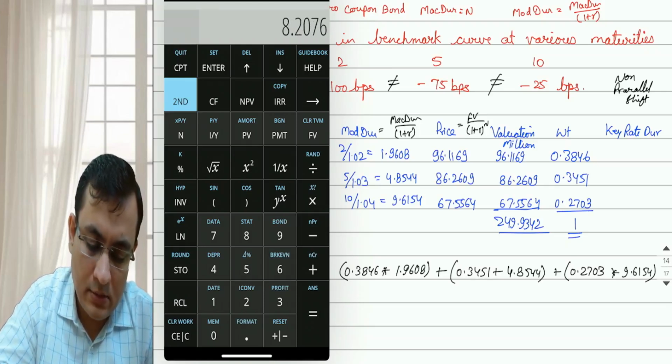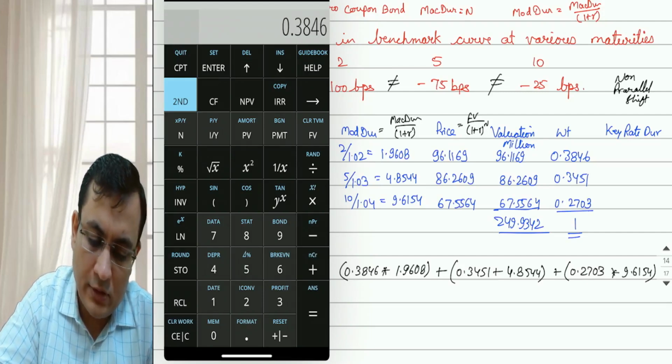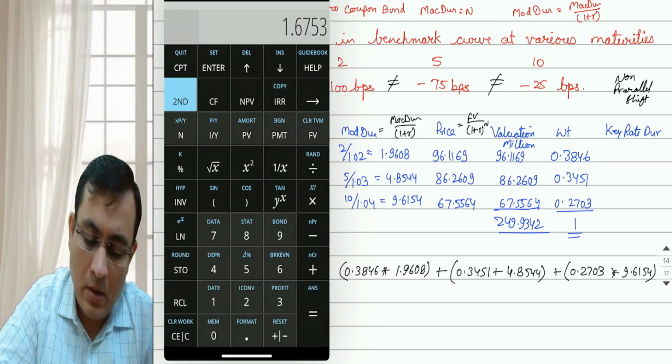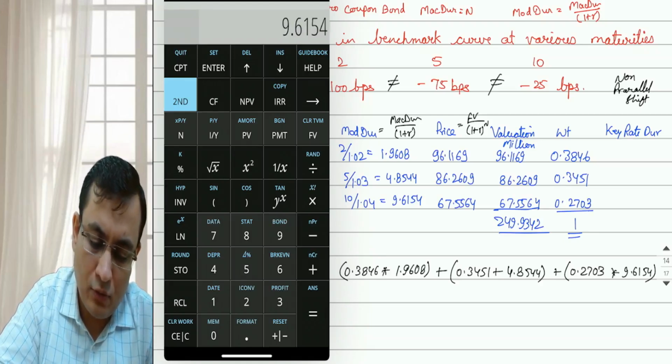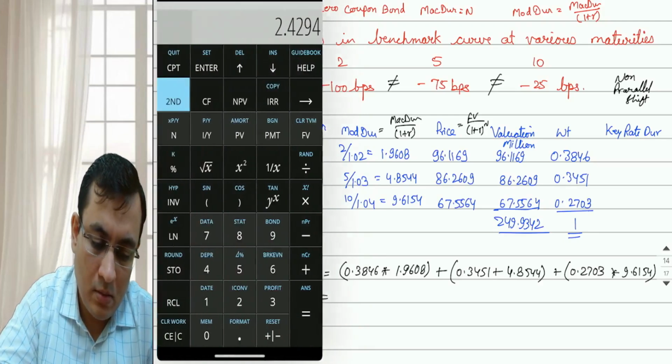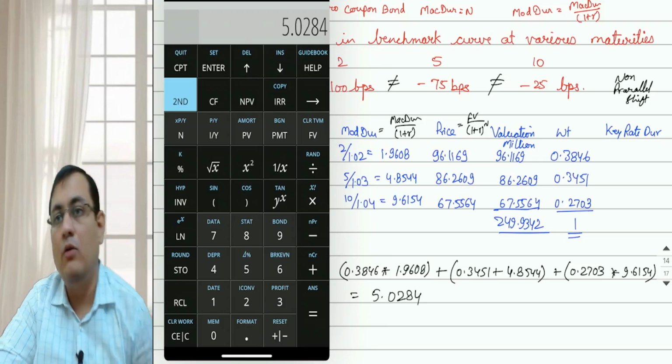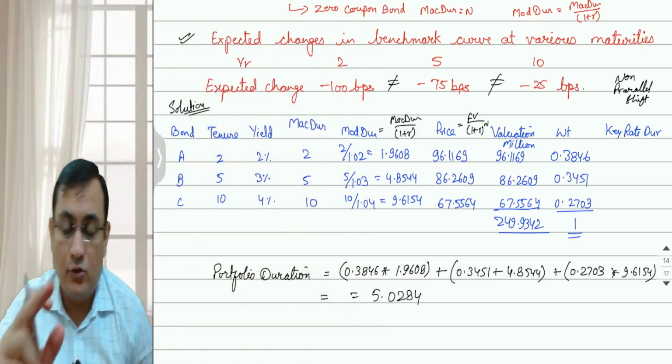Hold this, one mistake. 0.3846 multiplied by 1.9608, store 1, 0.3451 multiplied by 4.8544, store plus 1, 0.2703 multiplied by 9.6154 plus, equals. So the overall duration is 5.0284. The overall bond portfolio's duration is equal to 5.0284.